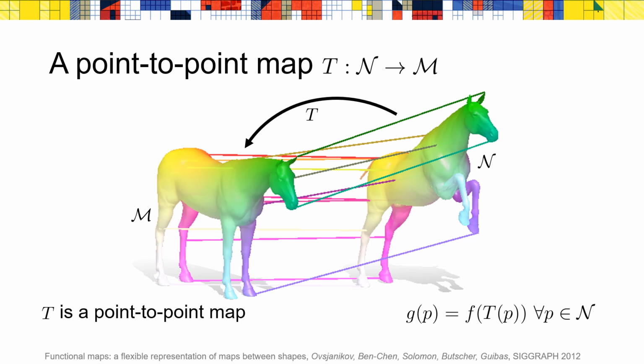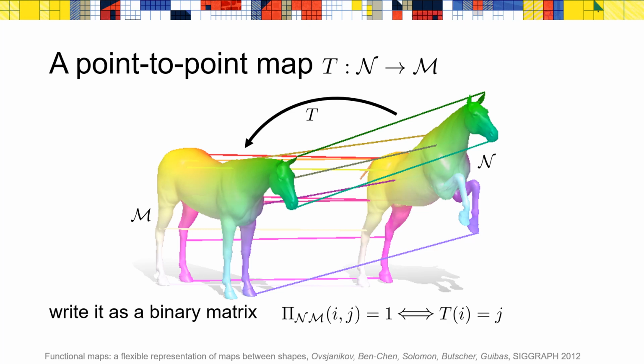So if we have a point-to-point map T, the two functions g and f are corresponding functions if for every point P in N, the value of g at P is equal to the value of f at the image through T of P. This is the meaning of corresponding functions. In the discrete setting, a point-to-point map can be represented by a matrix pi, for which each entry ij is equal to 1 if and only if T of i is equal to j.